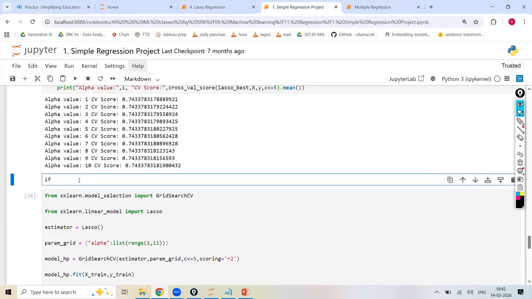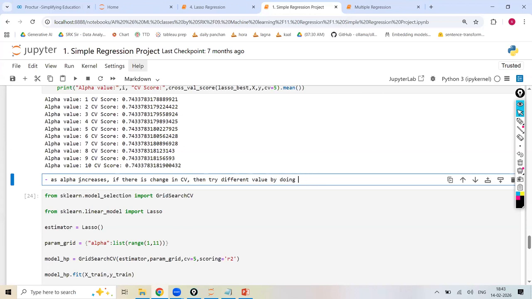If alpha, what are the alpha values there? As alpha increases, if there is change in CV, then try different alpha values by doing hyperparameter tuning.